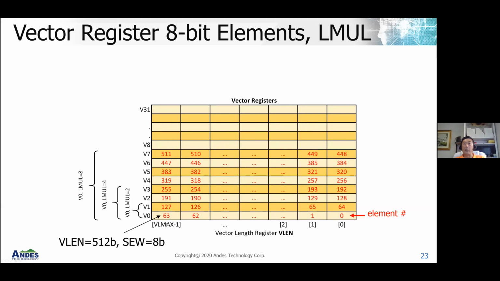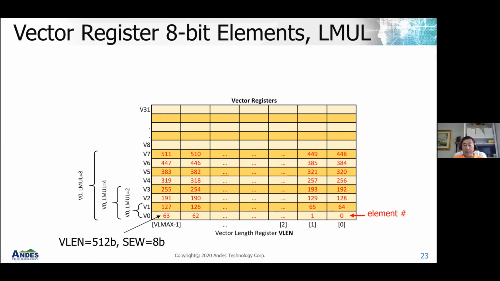Because the width of the vector register is 512 bit, and you have 512 elements, every single bit of the vector register can be used as a mask. So vector 0 can be used as a mask, and you have 1 bit of vector 0 to control each element in the vector register.